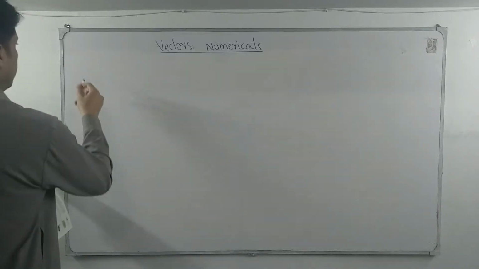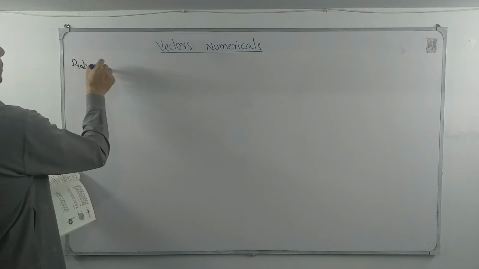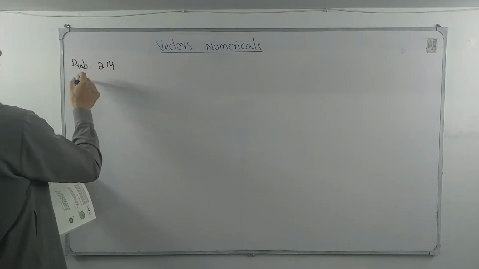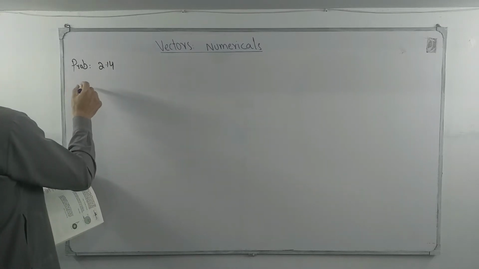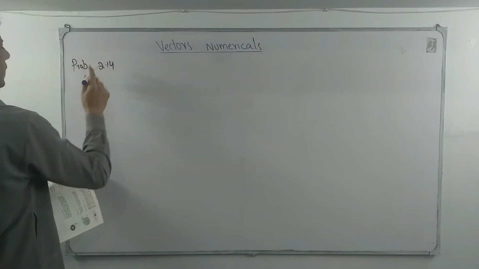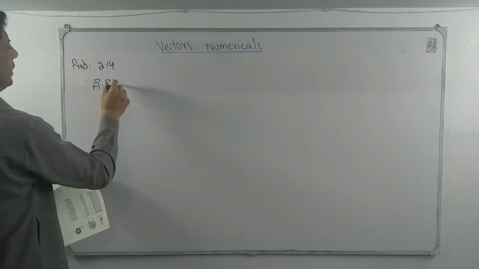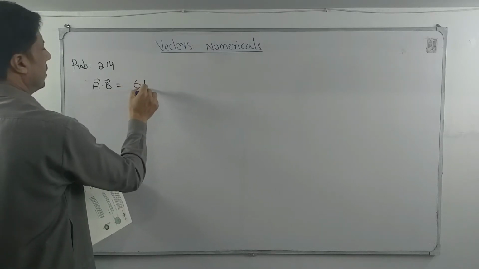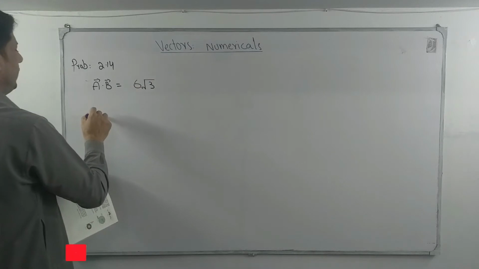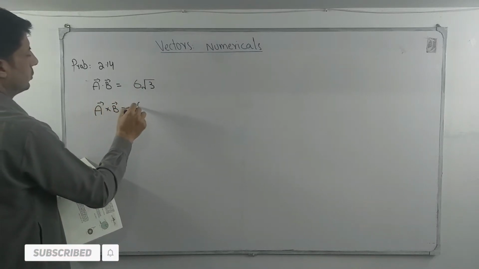Okay, the problem number is 2.14. The data that has been given here: A dot B is equal to 6 under root 3, and A cross B is equal to 6.